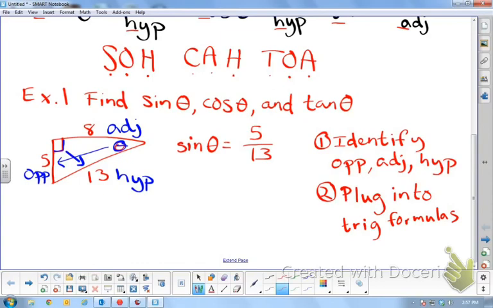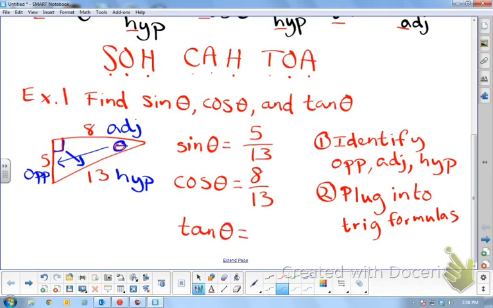If I could reduce, I would, but 5 over 13 doesn't reduce. Cosine would be adjacent over hypotenuse. So 8 was adjacent, 13 was hypotenuse. Cosine of that angle would be 8 over 13.